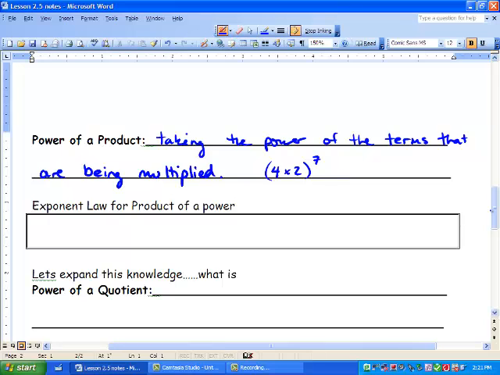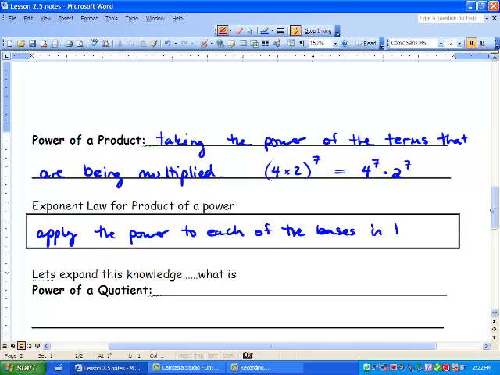And what we can do is, this is just like saying 4 to the exponent of 7 times 2 to the exponent of 7. All right, so the exponent law for power of a product is we apply the power to each of the bases in the product. And we just did that right there.